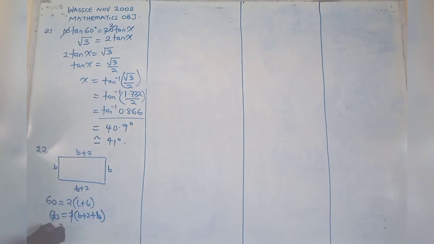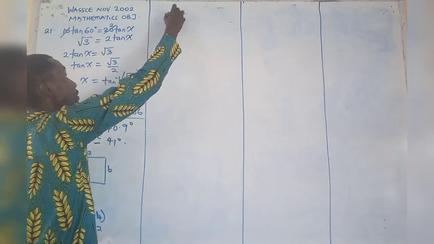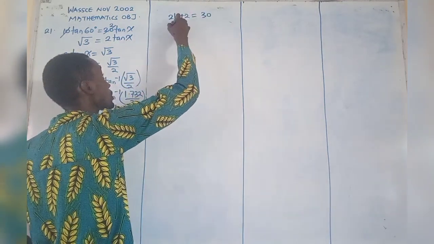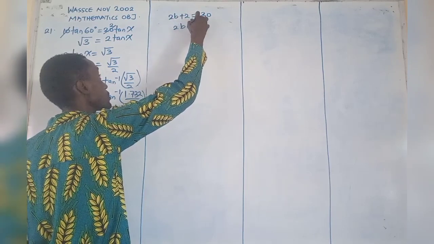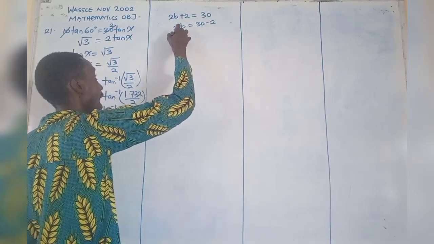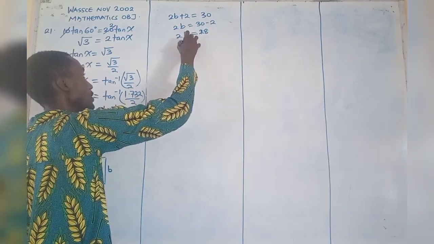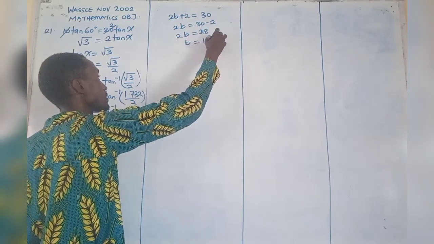These two will cancel. This will be 30 equal to 2b plus 2. So 2b plus 2 equals 30, which means that 2b will be equal to 30 minus 2, and 2b will be equal to 28. So what is b? b will be 14 cm.